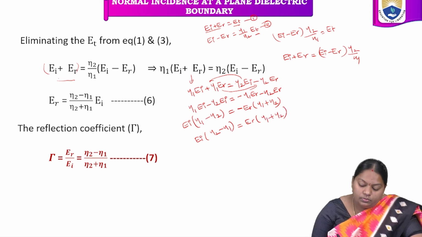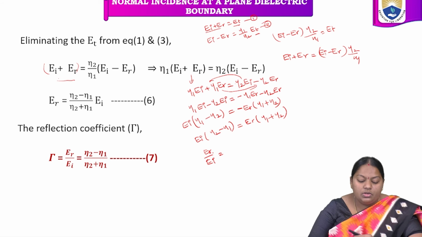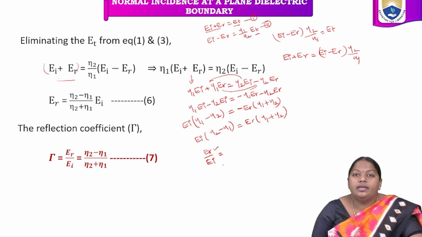Okay, so now from this, the ratio of ER by EI equal to, why? Because here we are going to write the mathematical equation for the reflection coefficient gamma, and it is the ratio of reflected wave field strength ER to the incident wave field strength EI, right?